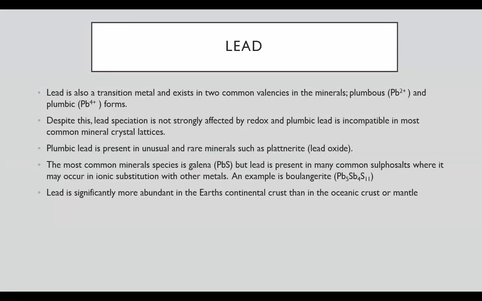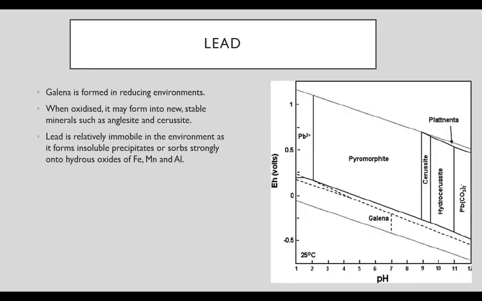Lead, so two forms, plumbous and plumbic, 2+ versus 4+. It is not that affected by redox. Plumbous is incompatible in most common crystal structures, so its valency strongly limits its ability to substitute in. And we'll go through some more of those briefly. Here's lead. So galena is mostly formed in reducing environments.